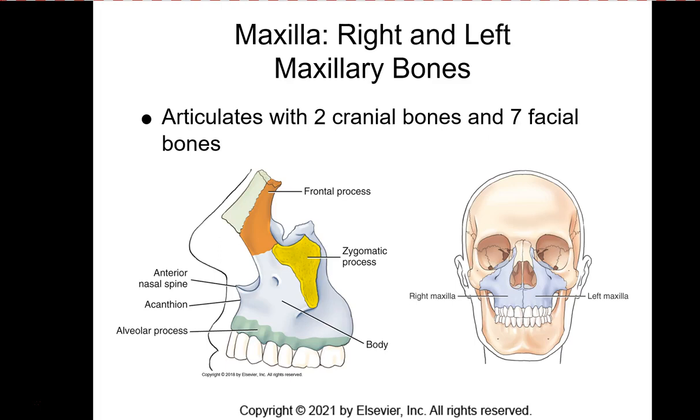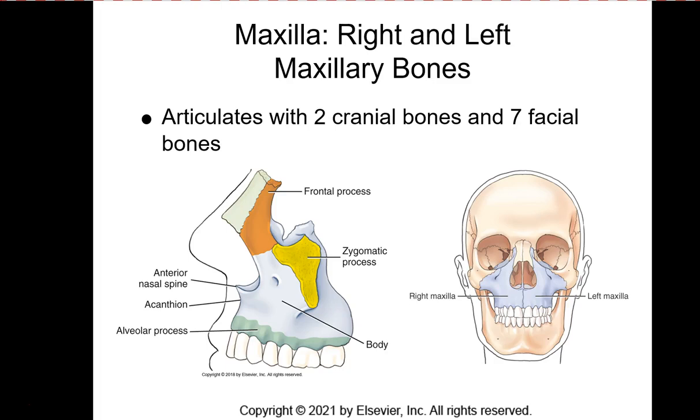Each maxilla consists of a centrally located body, which you can see here, and then 4 different processes that project from the body. The body is the centrally located portion that lies lateral to the nose. And we really need to identify the 4 processes. So we'll identify 3 processes here, and then the 4th process we'll talk about on the next slide.